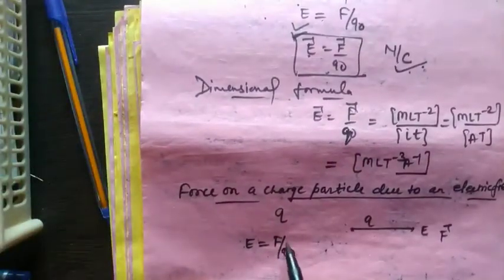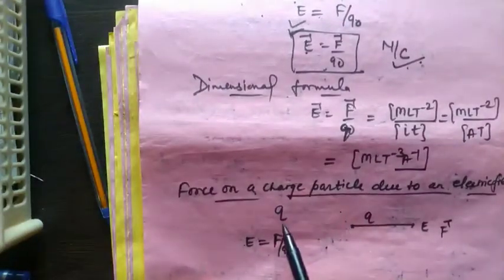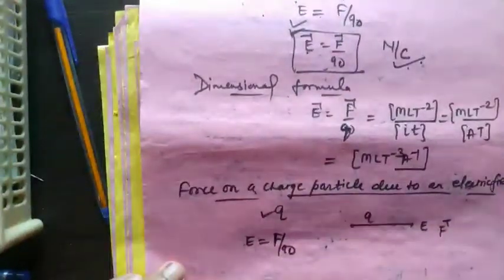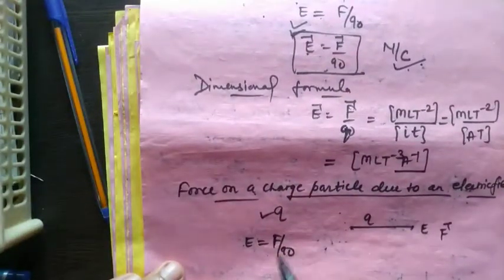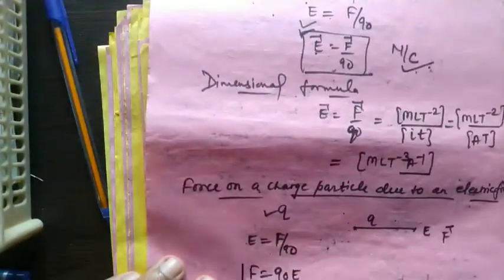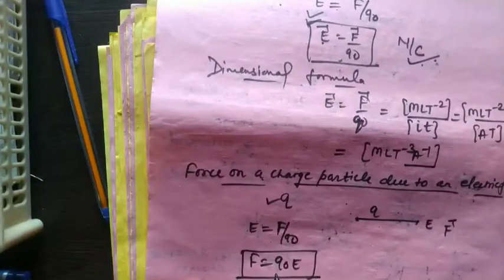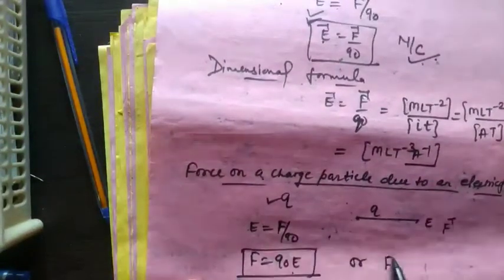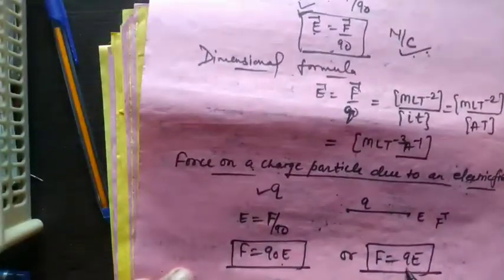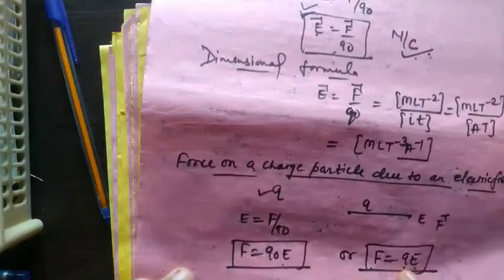But we just discuss the force on a charged particle, which is placed in an electric field. Then the force is F equals Q0E, or F equals QE. Q is the charged particle, E is the electric field intensity, F is the force acting on this charged particle.